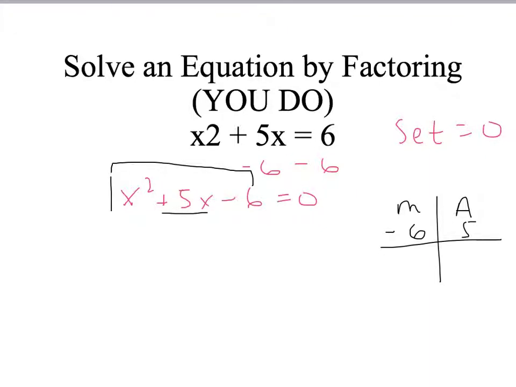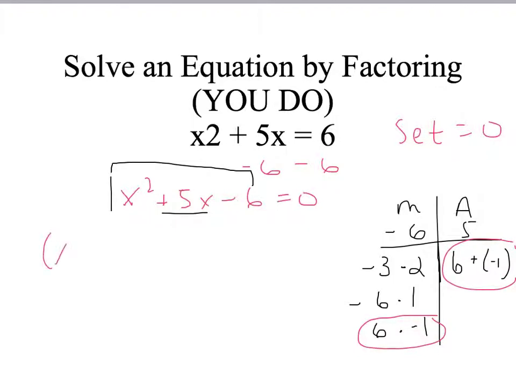Negative 3 times 2 won't add up to 5. Let's try negative 6 times 1. Nope. What about 6 times negative 1? Then 6 plus negative 1 adds to 5. So I found two that match, 6 and negative 1.